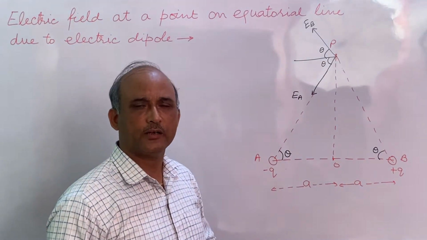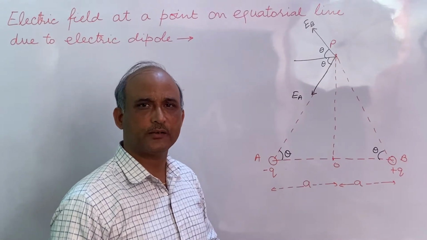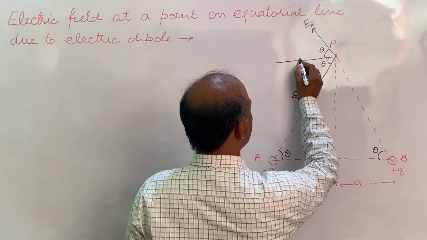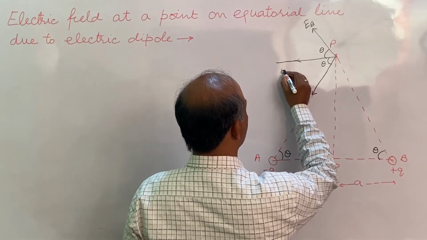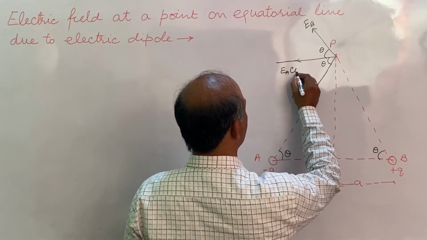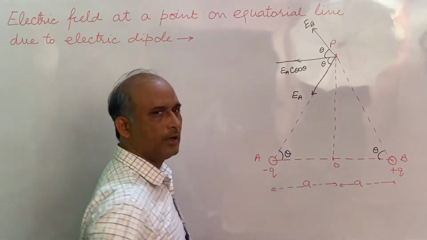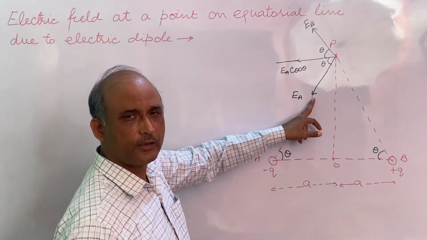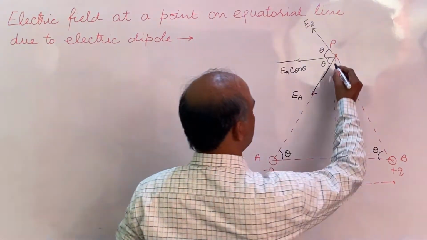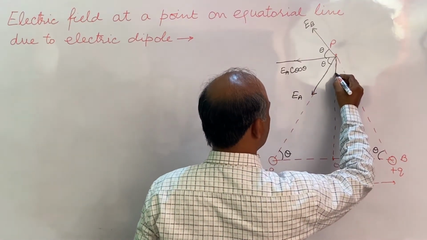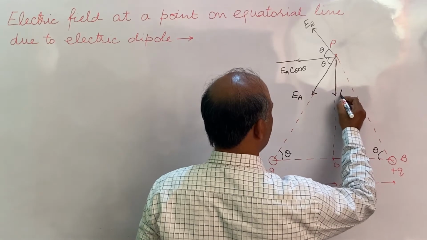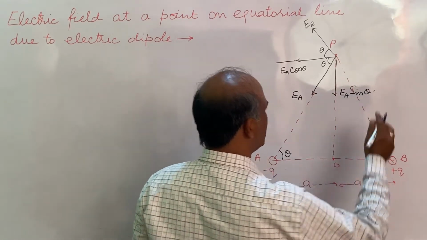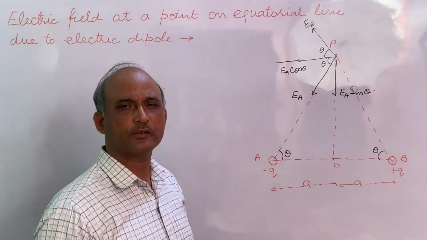With the angle theta, there will be a horizontal component EA cos theta in this direction, and perpendicular to this, the vertical component EA sin theta in this direction.